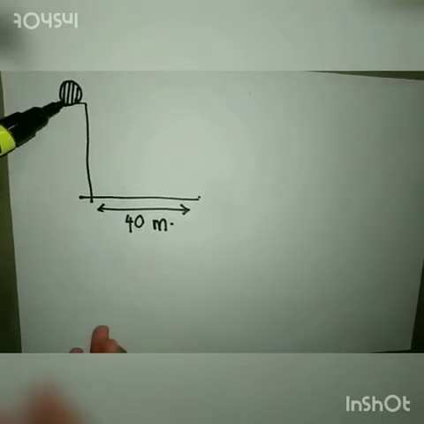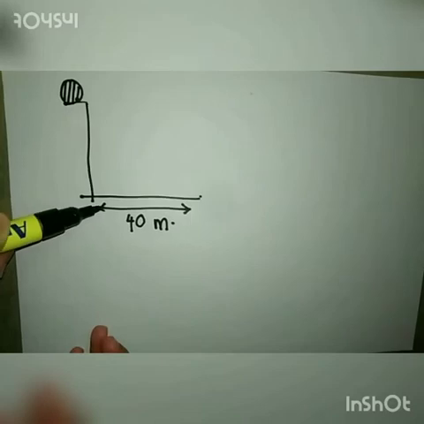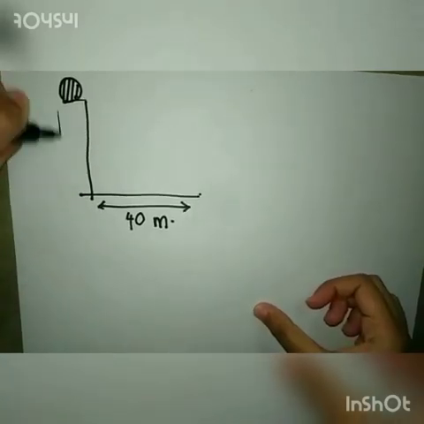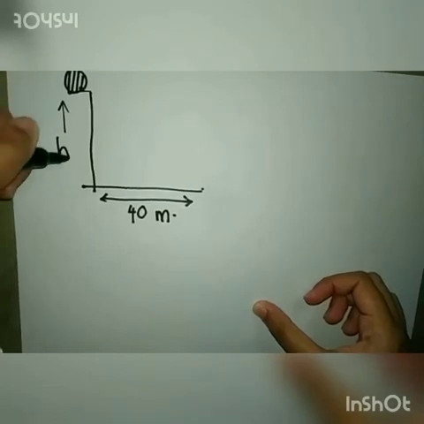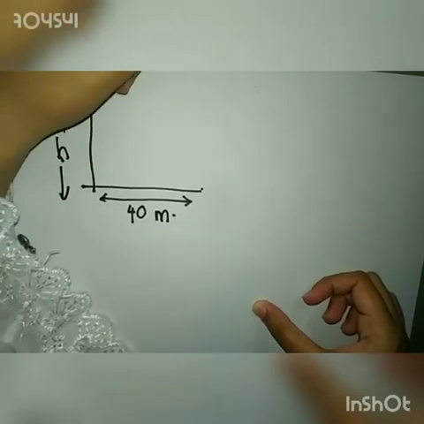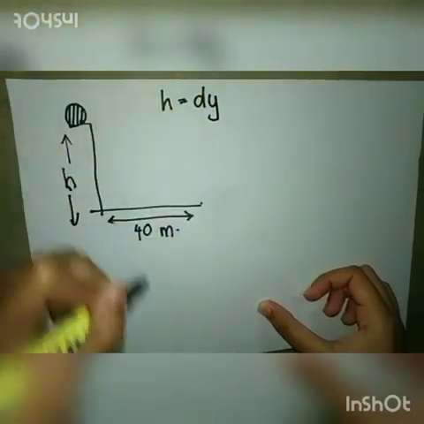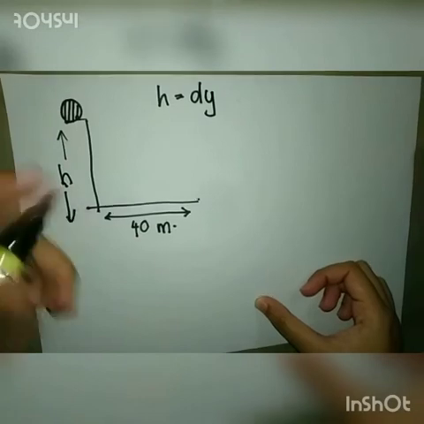This is the ball. This is the vertical displacement, and we want to find the height. Height is also known as dy, displacement of component y.